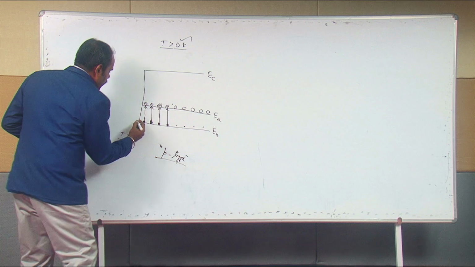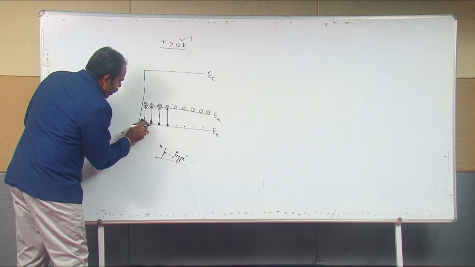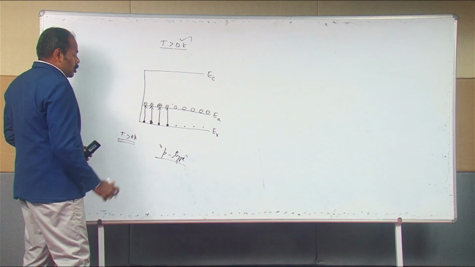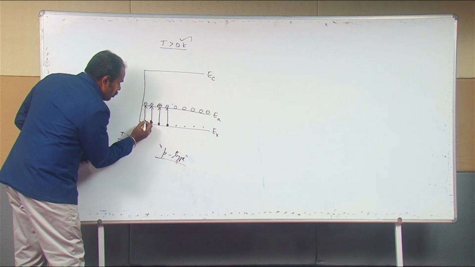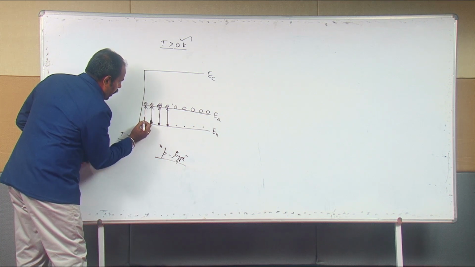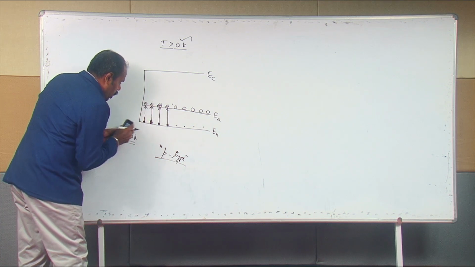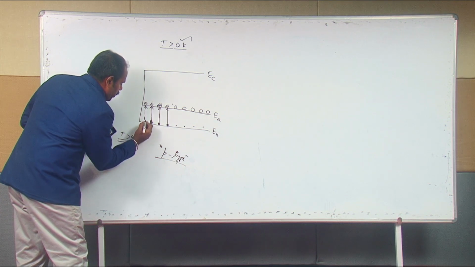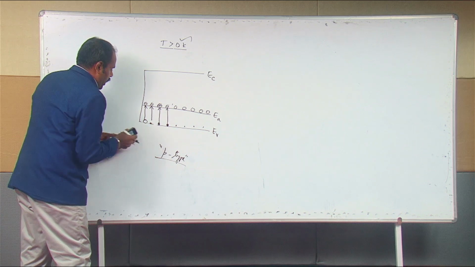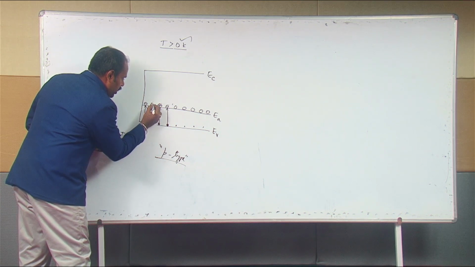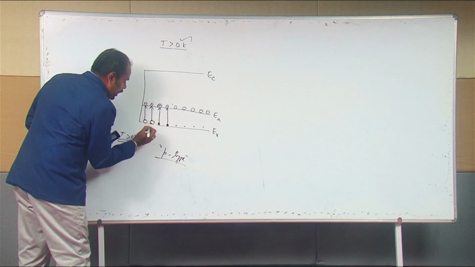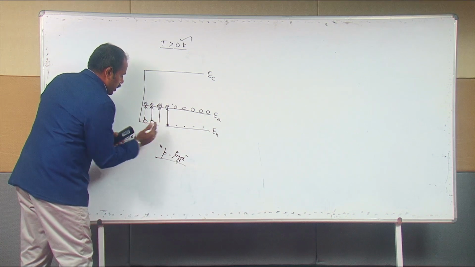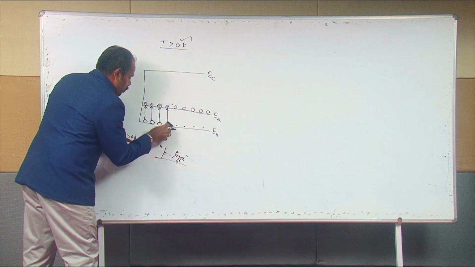One thing we must note down here: once an electron moves from the valence band to the acceptor site, what is created in the valence band? A hole is created in the valence band. Similarly, if another electron leaves and occupies an acceptor site, another hole is created, and another hole, and another hole.